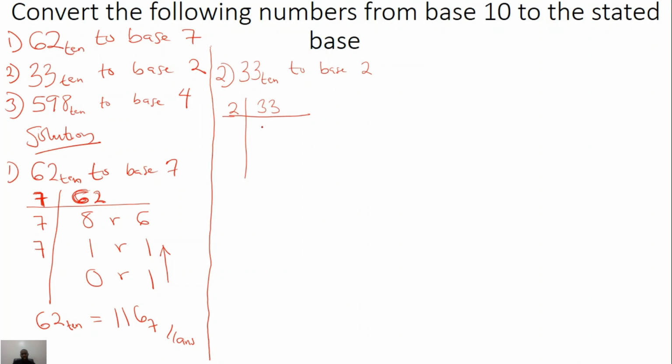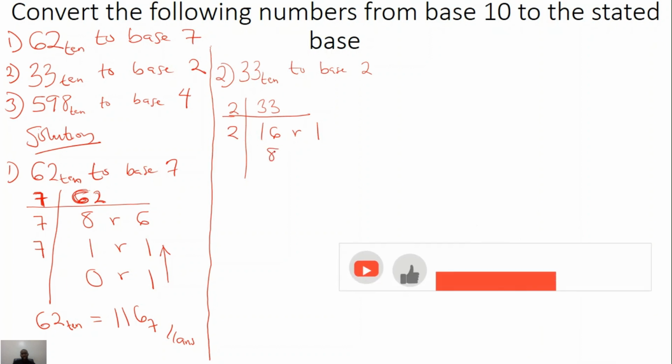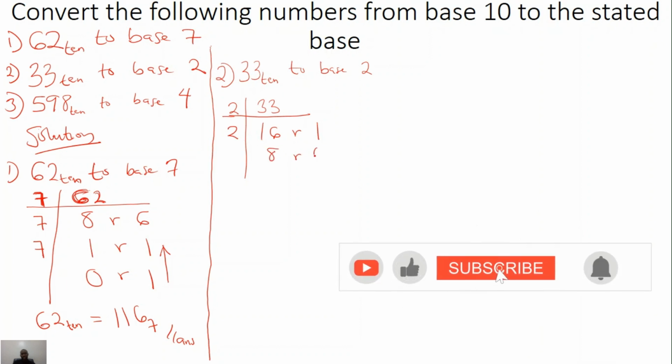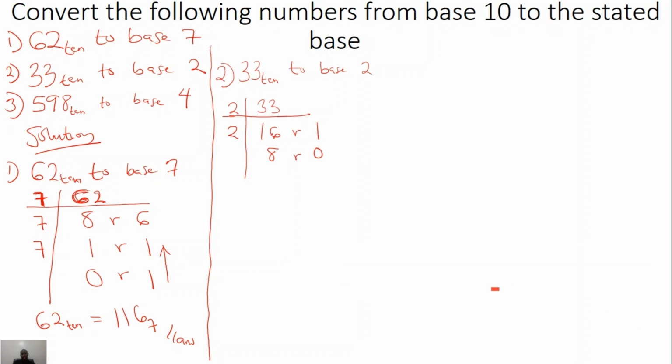That will be 16. 16 times 2 is equal to 32. 33 minus 32 is remaining 1. Okay, let's divide it again. 16 divided by 2 is 8, remainder 0, because 8 times 2 will give you 16.